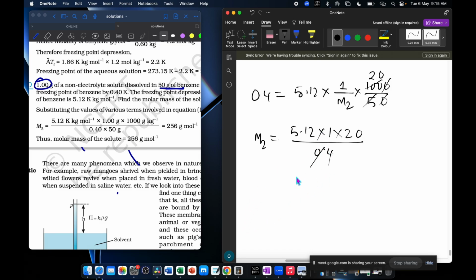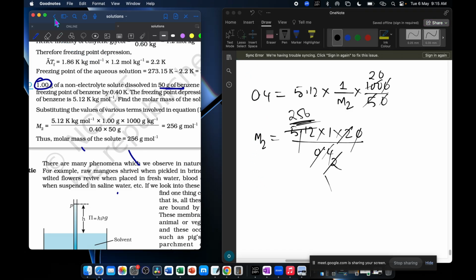The decimal is cancelled, 2 goes 2 times, 2 twos are 4, 2 5 and 6. Since the decimal is already gone, we don't need it here. 256 is the answer to solve this type of questions. This is about elevation in boiling point.